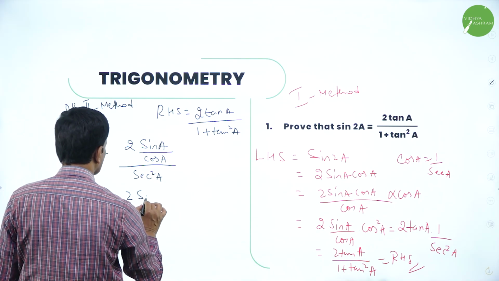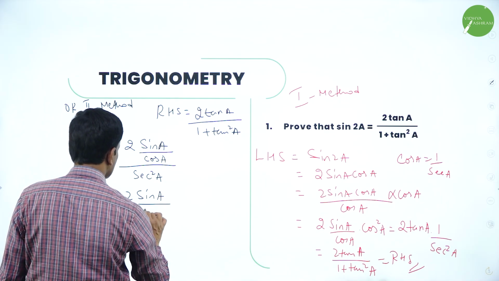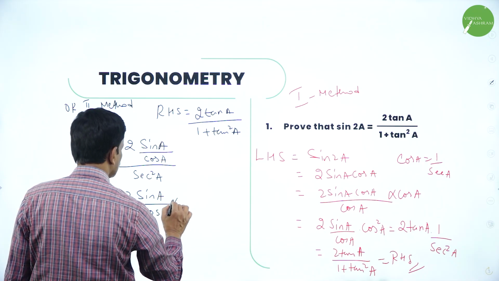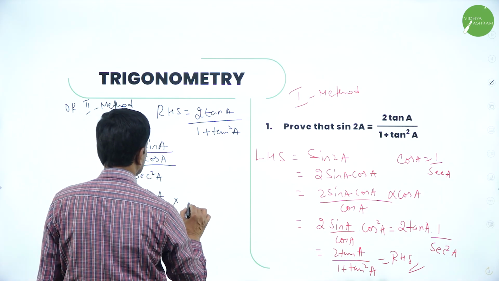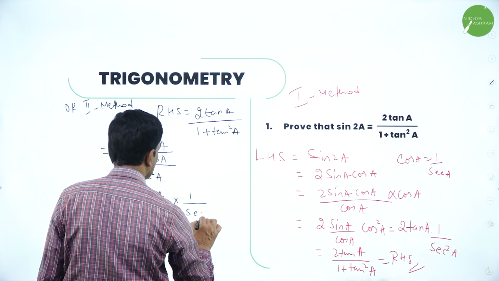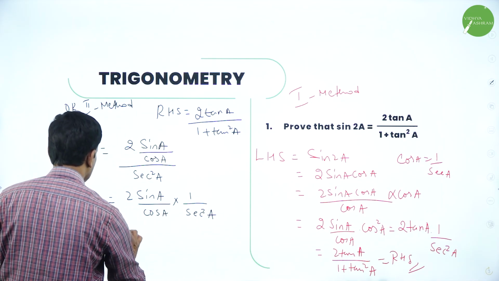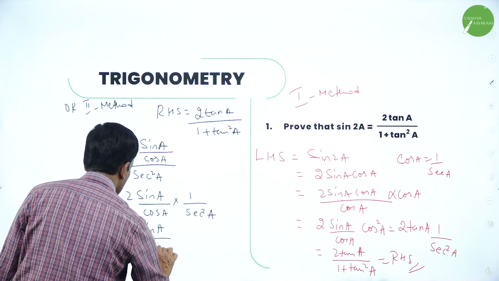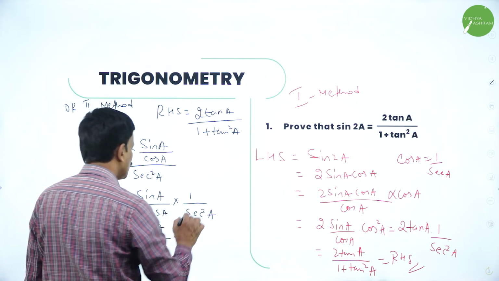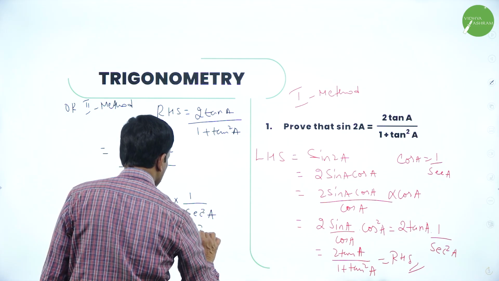So this is 2 sin a divided by cos a into 1 over sec squared a. 1 over sec squared a is nothing but cos squared a.